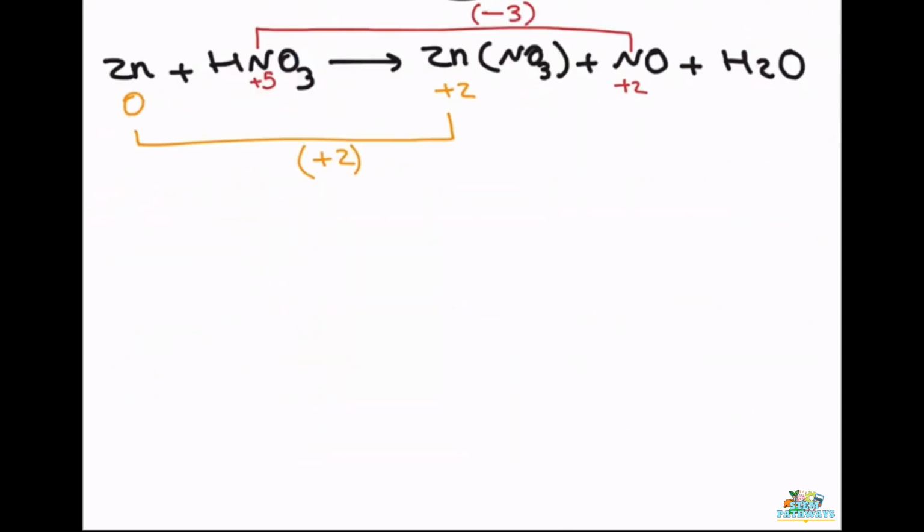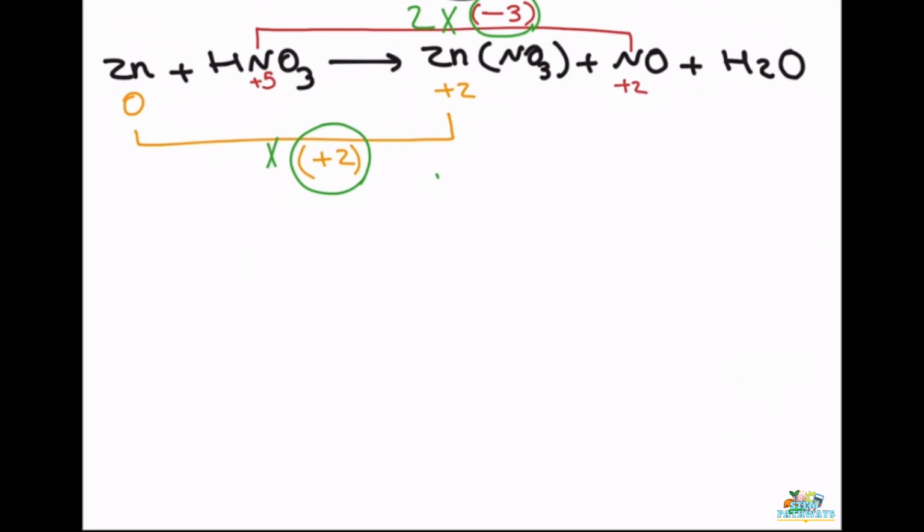So I rewrite the equation again so we can do better here. I write only the ones that we needed, which is zinc and nitrogen. We want to balance them. We have -3 here, we have +2 here, but that doesn't work.